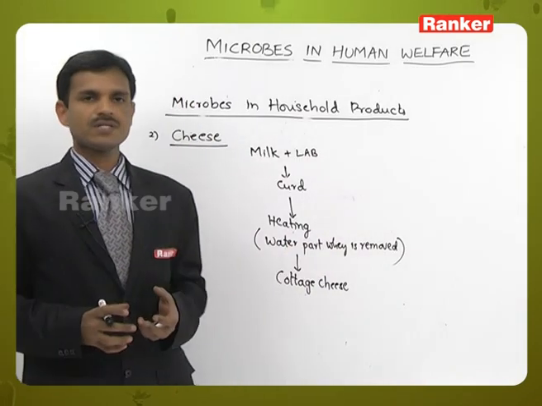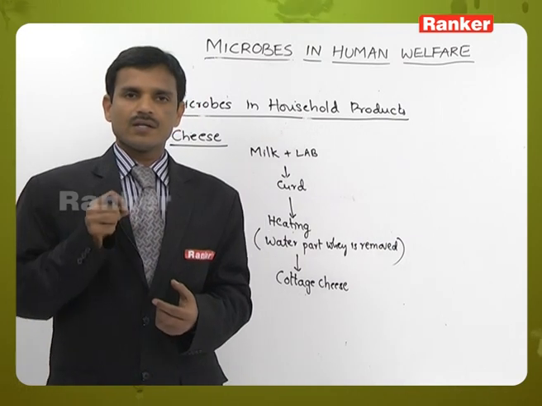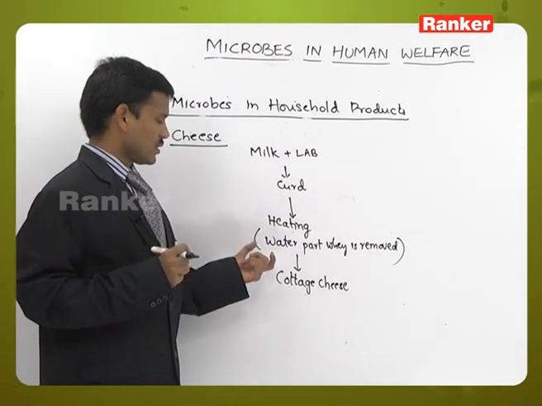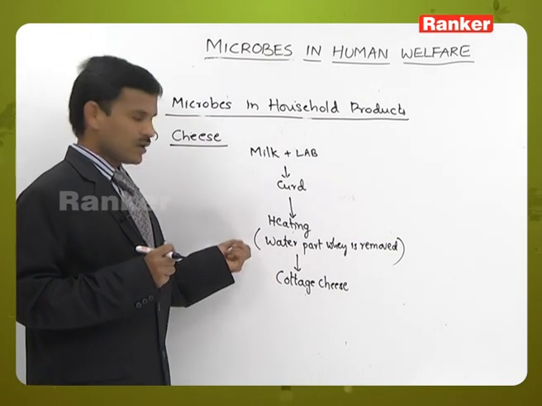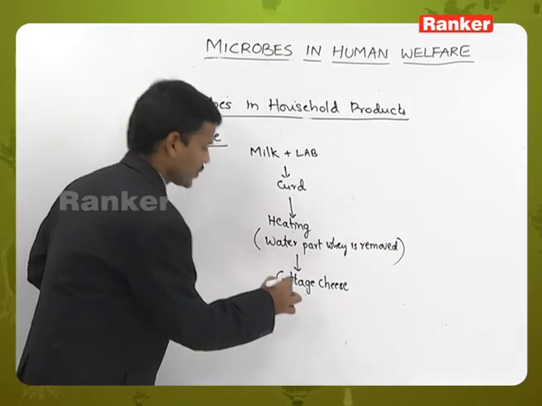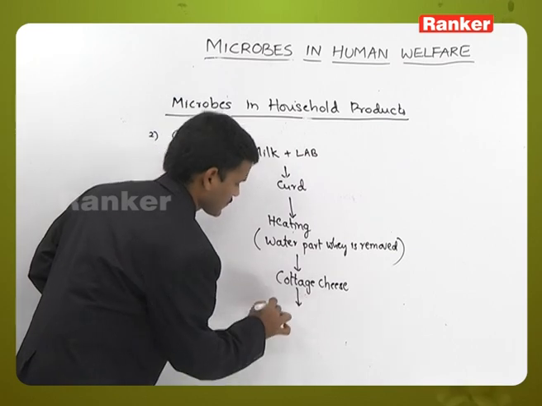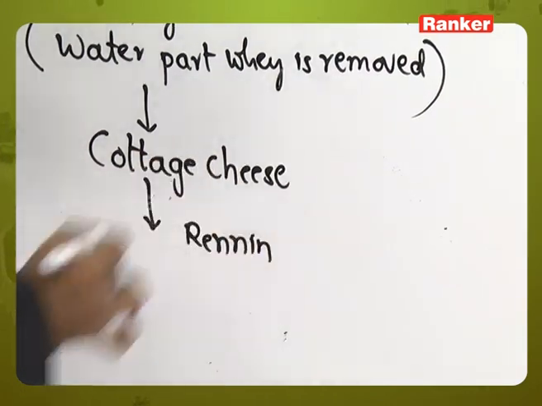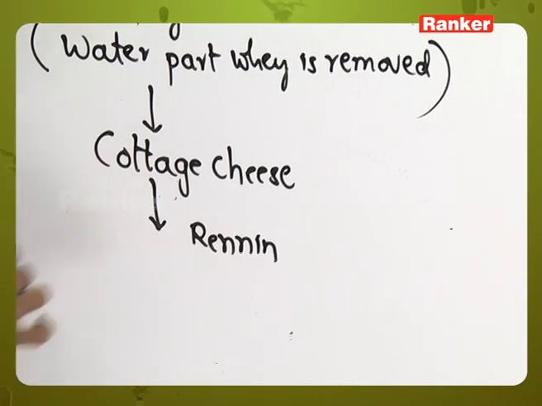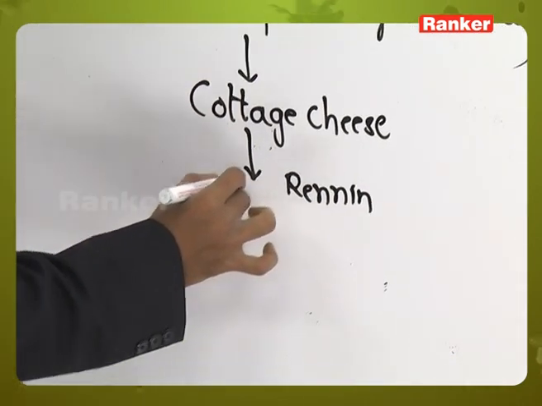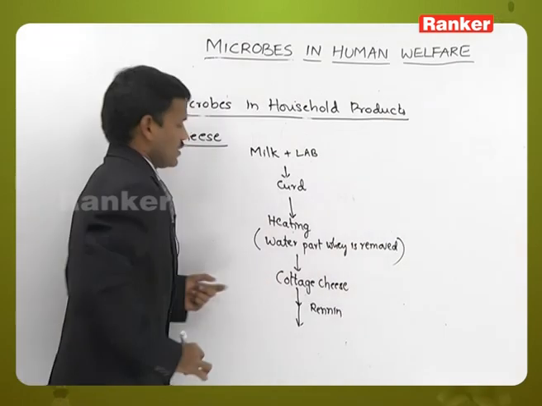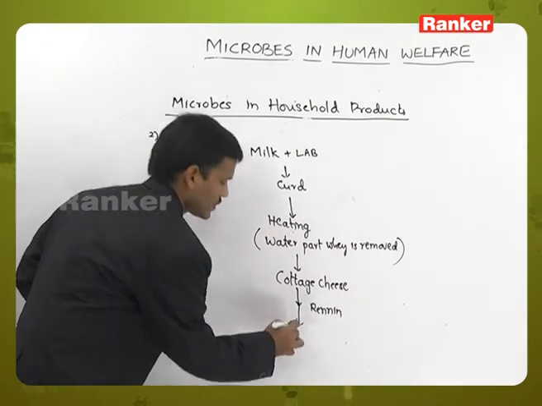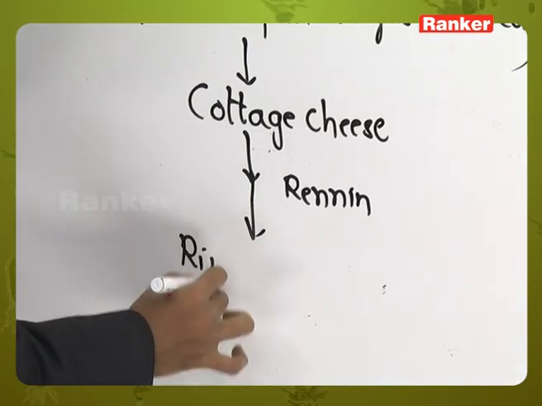In this cottage cheese, the renin enzyme is coagulating the milk proteins. Next, the cottage cheese is ripened by different bacteria into cheese.